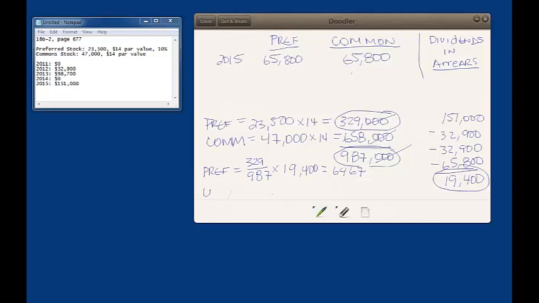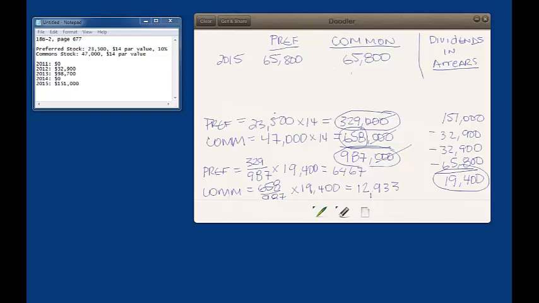Okay, and then common, multiply the ratio for the common stockholders, which is the common par value of 658 divided by the total, 987, times 19,400. And I'm going to plug that into my calculator and round it, so I get 12,933.